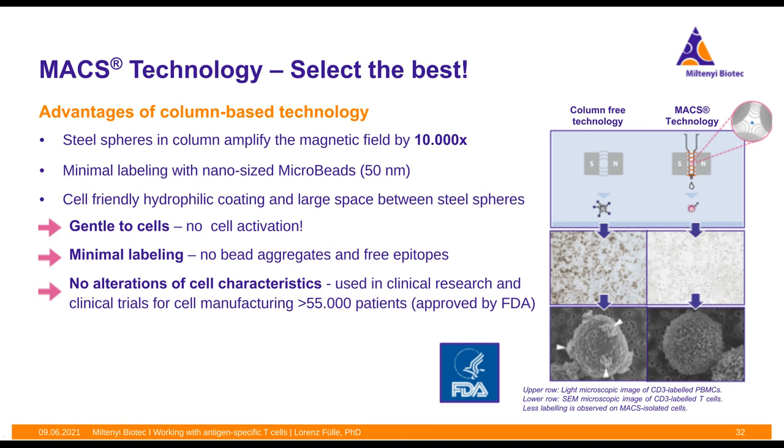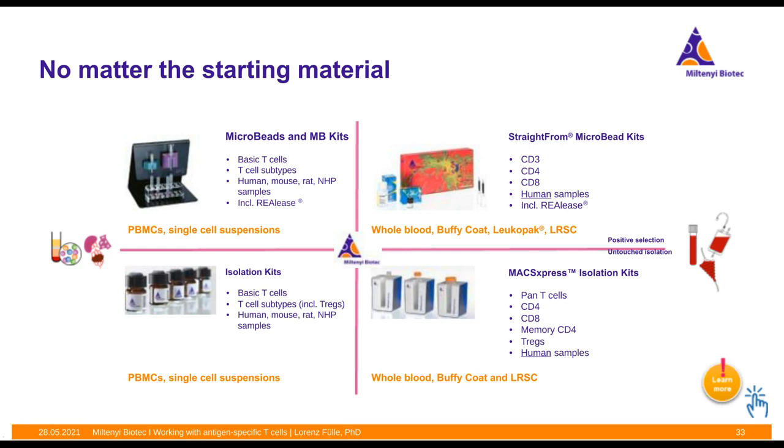In contrast, using the MACS technology, there are no bead aggregates forming in the cell culture, and there is only minimal labeling on the cell surface. Finally, the MACS technology does not cause any cell alterations or change the cell characteristics. This is also why our microbeads are heavily used in clinical research and several clinical trials, for example for cell manufacturing, and more than 55,000 patients have already been treated, approved by the FDA.